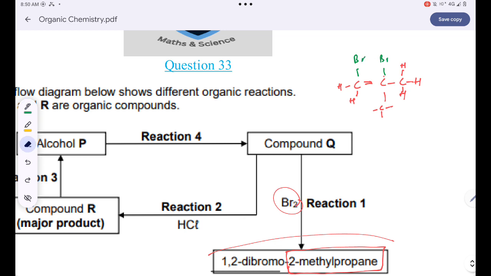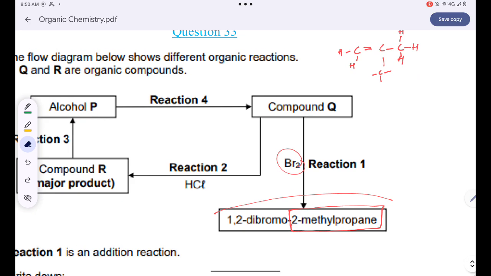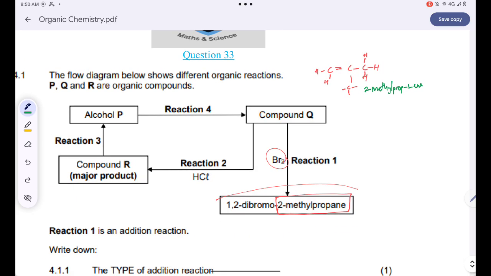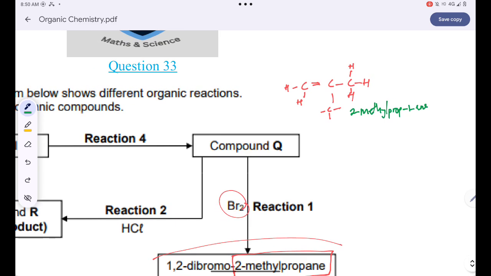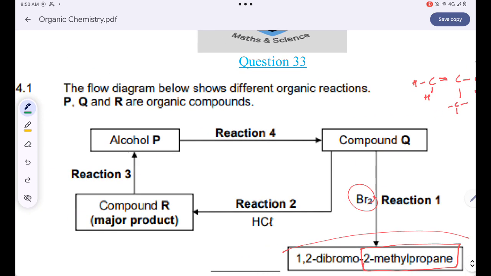So initially our compound Q was just an unsaturated hydrocarbon, and its IUPAC name is 2-methyl-prop-1-ene. That's the IUPAC name altogether. Okay, and then now let's go to reaction 2.